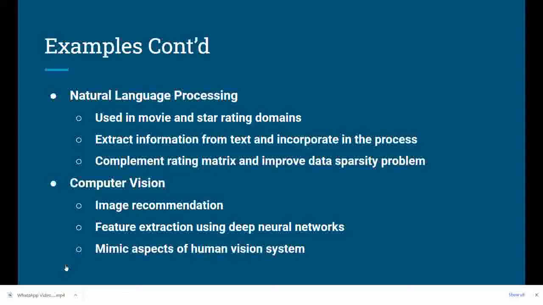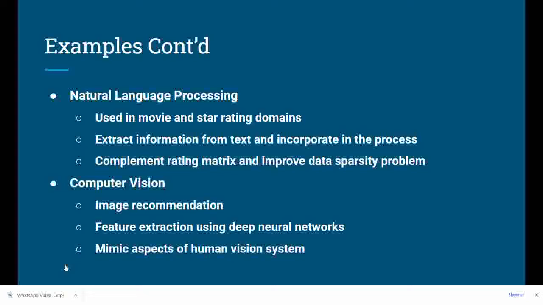Lastly, we have computer vision. The direct application of computer vision is used in image recommendation, especially in the areas of fashion analysis and products that are highly related to visual appearance, such as clothes, jewelry, and images. The algorithms map images and user preferences.